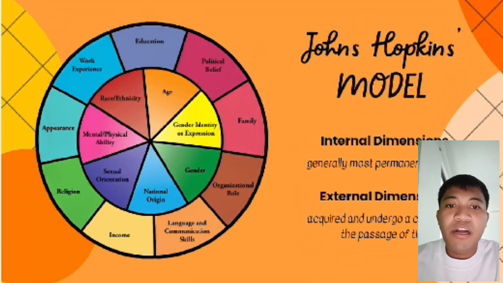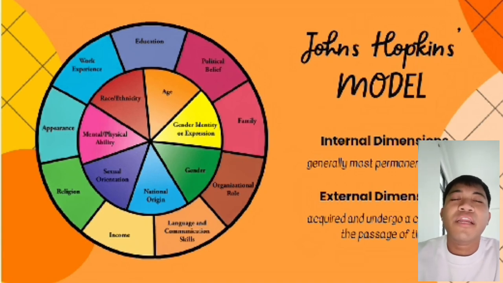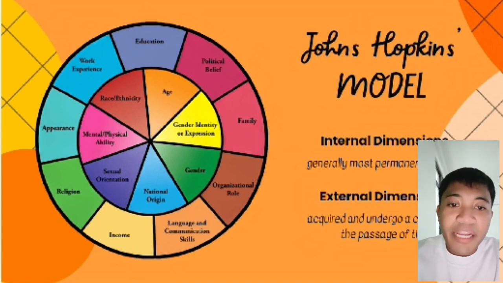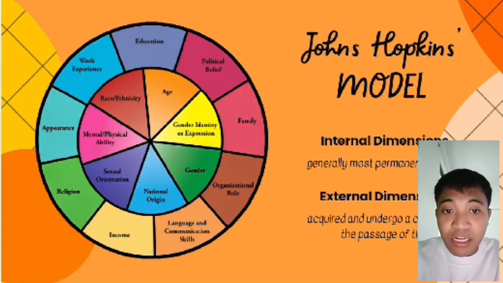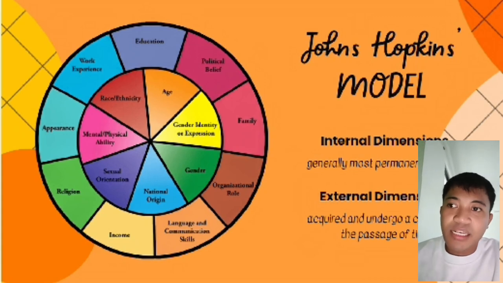These are the parts of our identity that stay with us throughout our life. The other one is the external dimensions, which are the things that can change over time, for example, our education, our income, our religion, and work experience. These are influenced by our choices and life experiences.